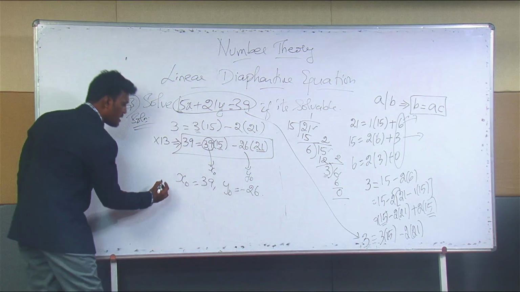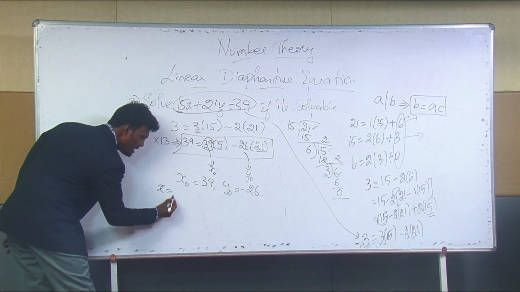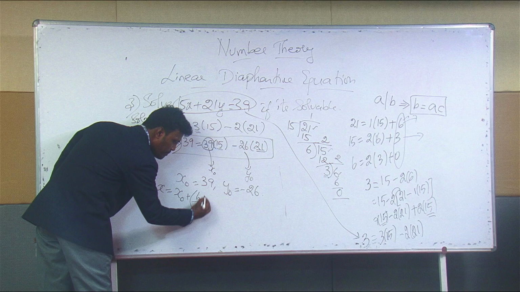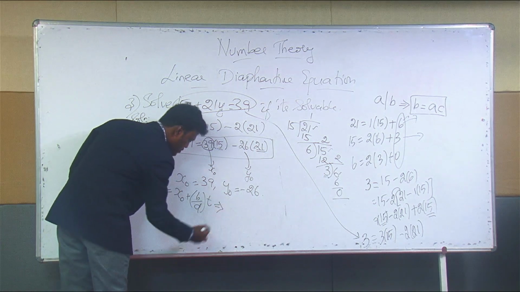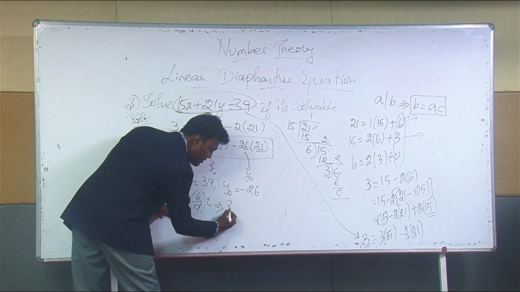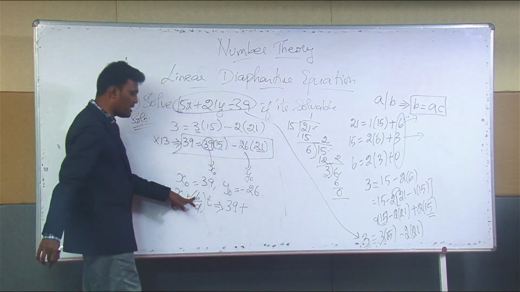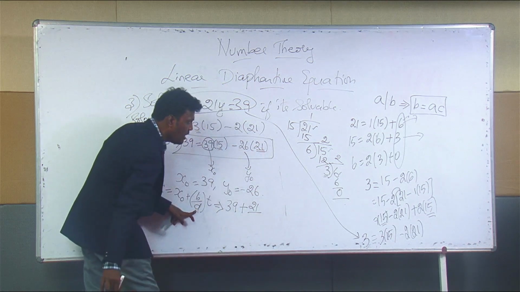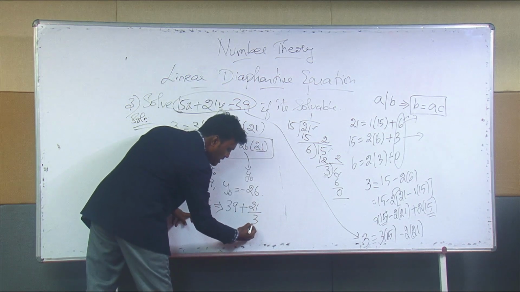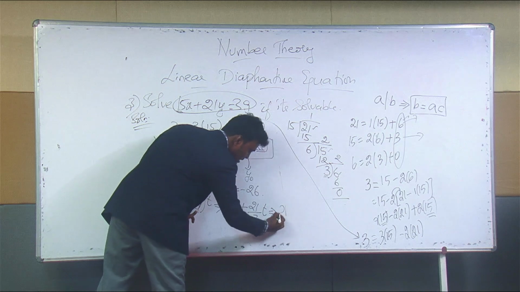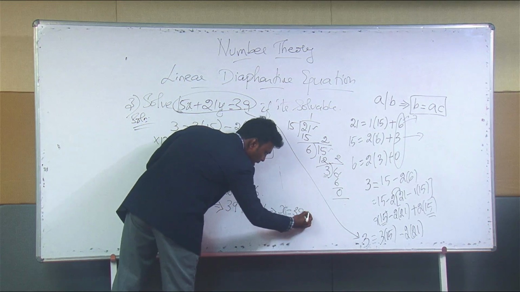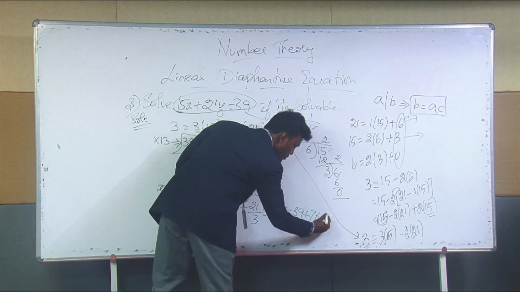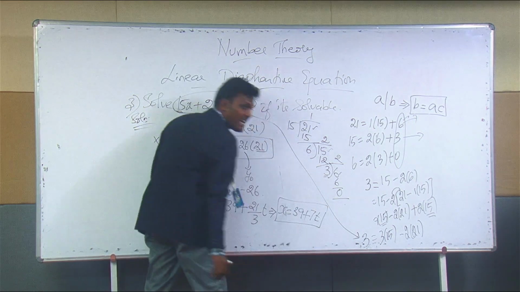Just substitute in the general equation. What is the general equation of x? It is x naught plus b by d into t. Just substitute: what is the x naught value? It is 39 plus b. What is your b? The corresponding y coefficient, 21, by, what is your d? The GCD, 3, into t. This is x equal to 39 plus 21 by 3. 7 3s are 21. So 7t. This is the x value.